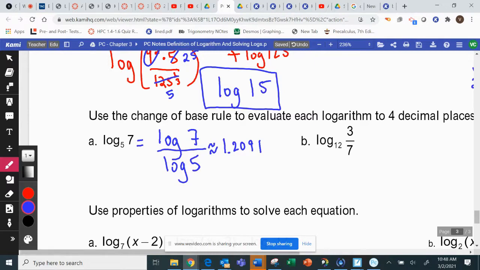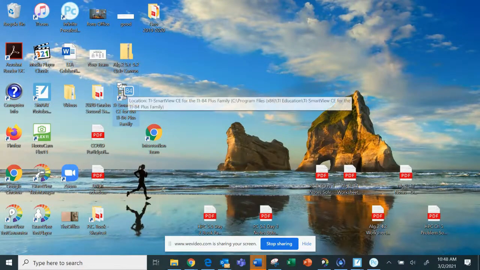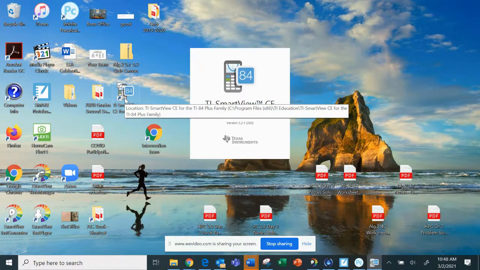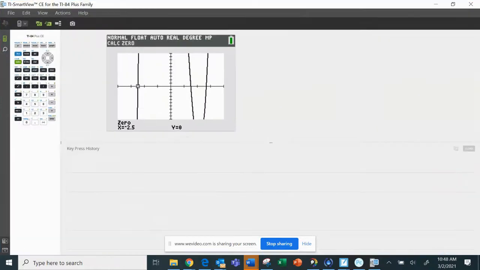If you did not get that, let me help you. It is just on this first column. We're going to know something cool. If you look at the log button, and look above it, if you had to hit second log, what is it giving you?